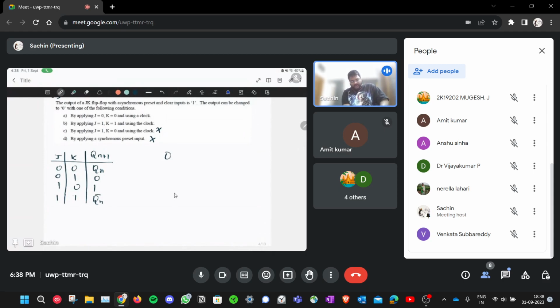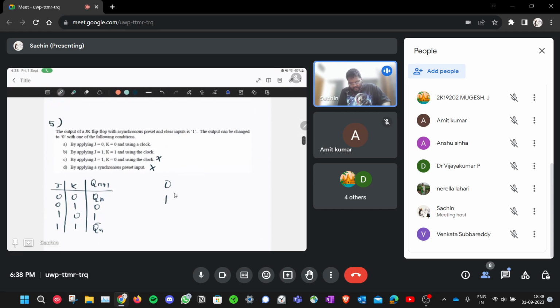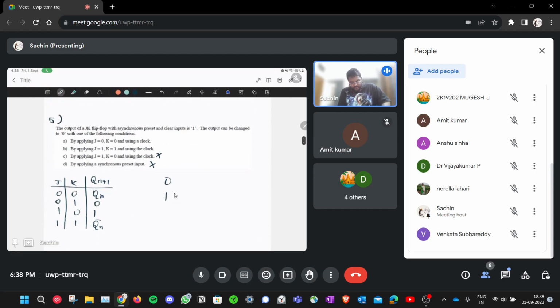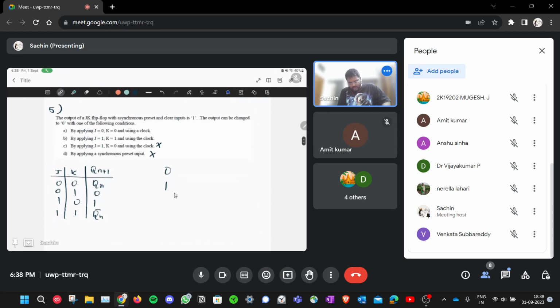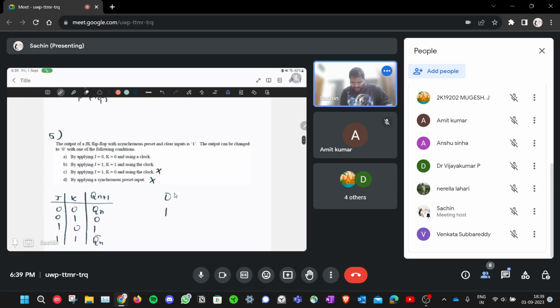And if you previously had a 1, then you can give 1 1 and it will toggle to 0. And I'm assuming, since they've asked the output can be changed to 0, then they mean that it has to be changed from 1 to 0. Oh, they've already given the output is 1. Okay, my bad.